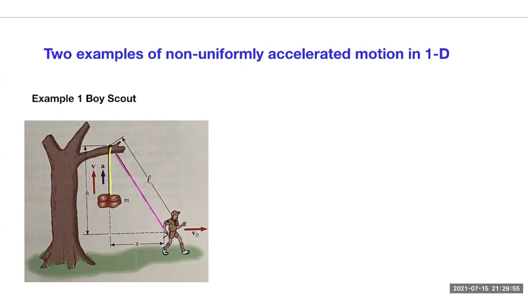Let's say the next moment, L increases to 3.1 meters. That means the yellow part, the vertical part of the rope, must be shortened by 0.1 meter, right? So as L increases by 0.1 meter, the package goes up by 0.1 meters.